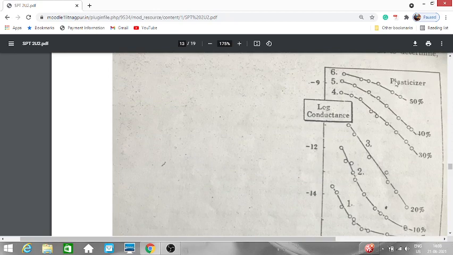Same here, plasticizer content 50%, log conductance. Everywhere the conductance is increasing with increasing amount of plasticizer.